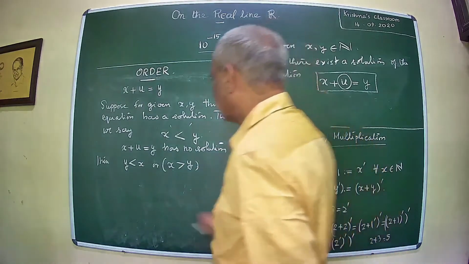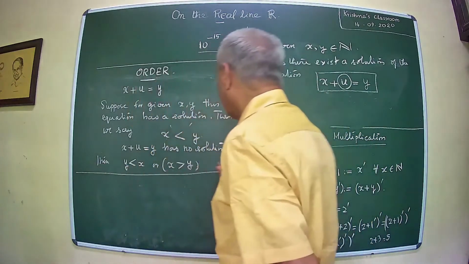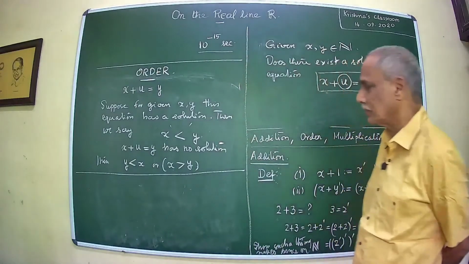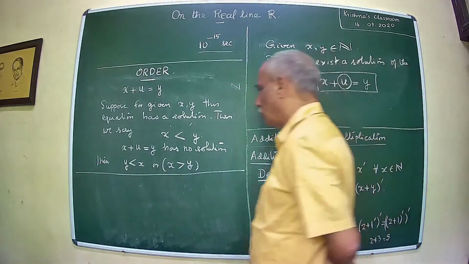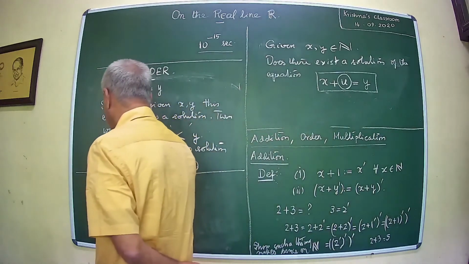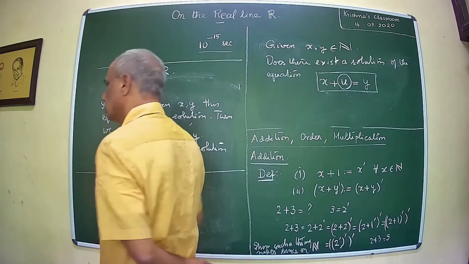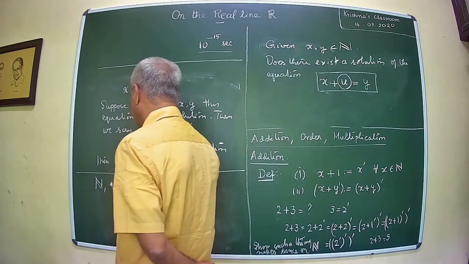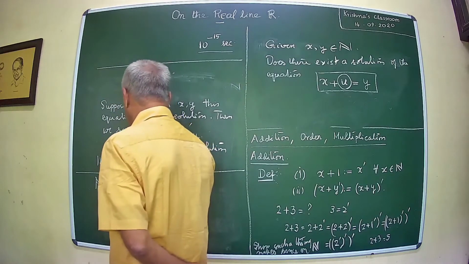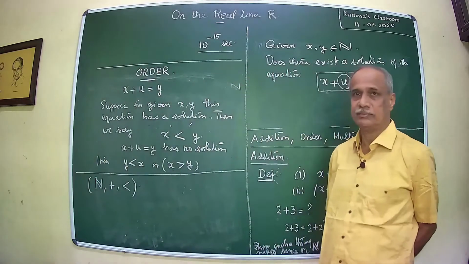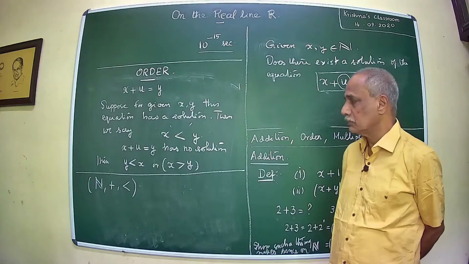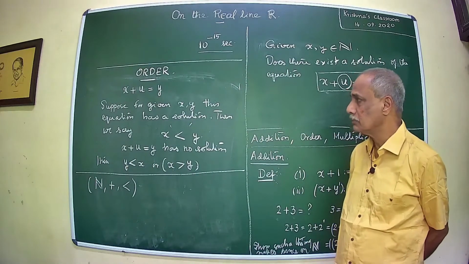Okay. Then of course, if I were to list out the properties, I won't have much time. Now what you have on N, you have two structures, namely addition and order.